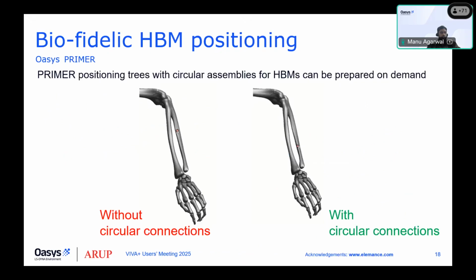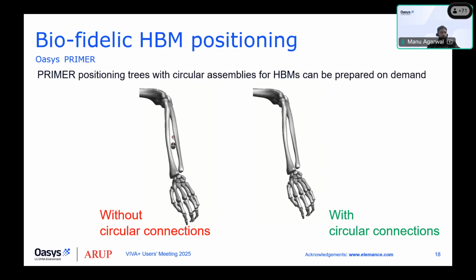So using these circular connections in the Primer positioning trees, you can get the more biofidelic movement of the lower arm. It could be the rotation of the elbow, flapping of the hands.